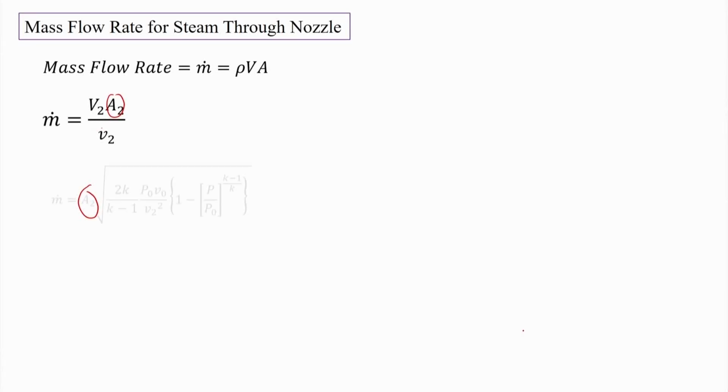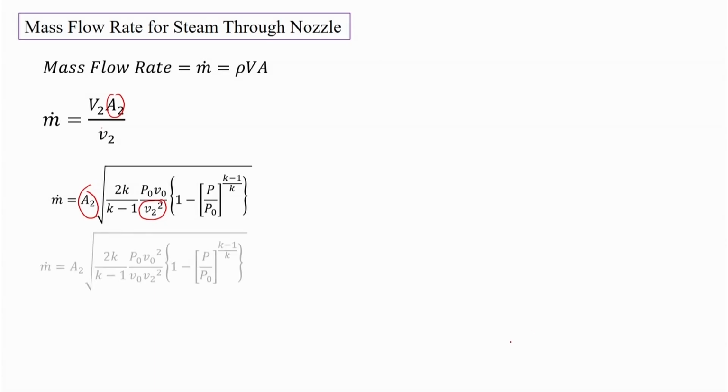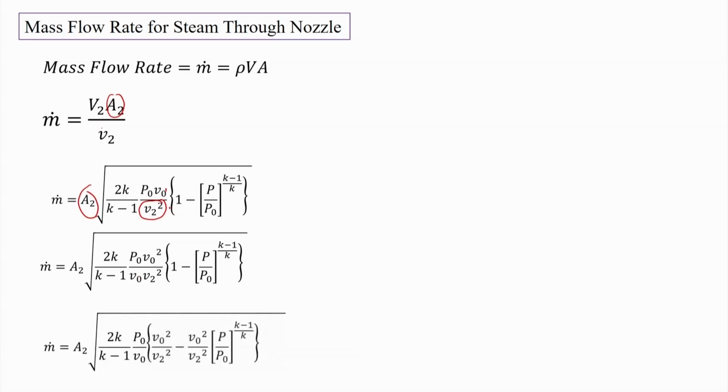This V2 is taken inside the square root as V2 square, and with readjustment we multiply numerator and denominator by V naught, so it is V naught square upon V naught, and we also write 1 as V naught square divided by V2 square.